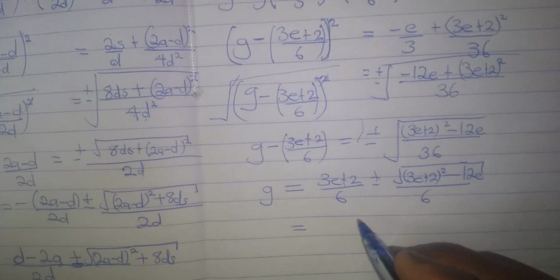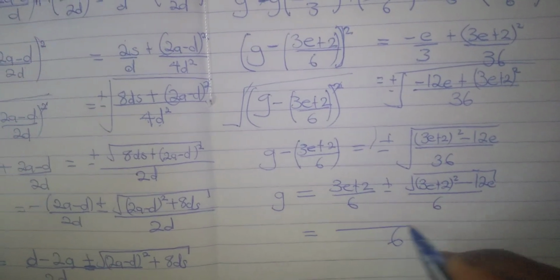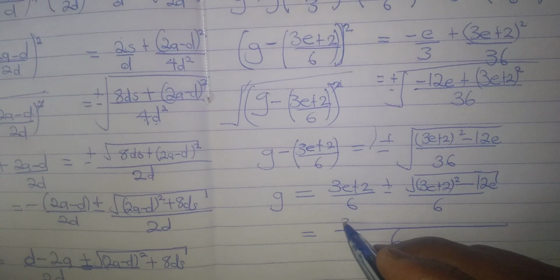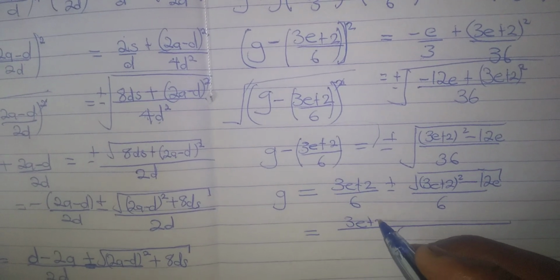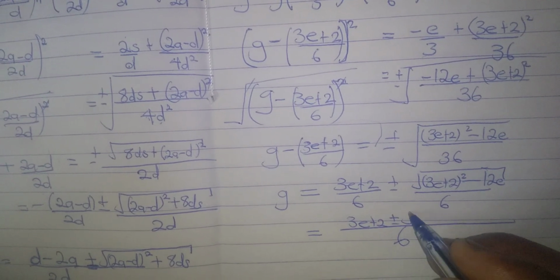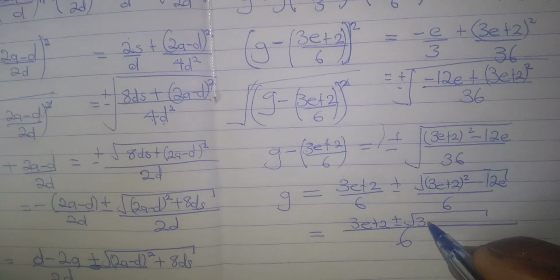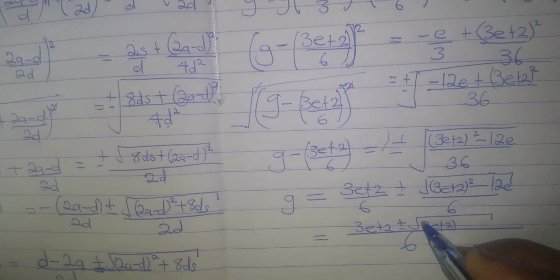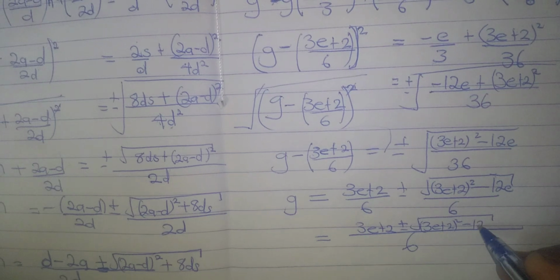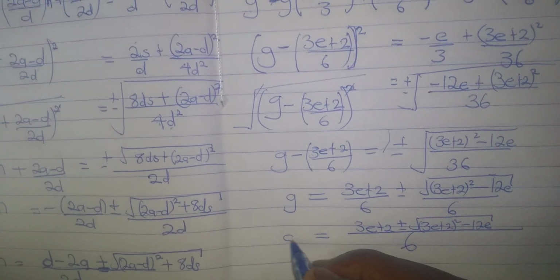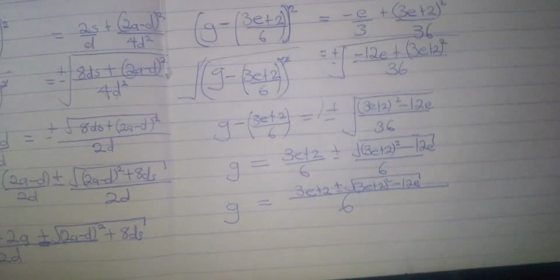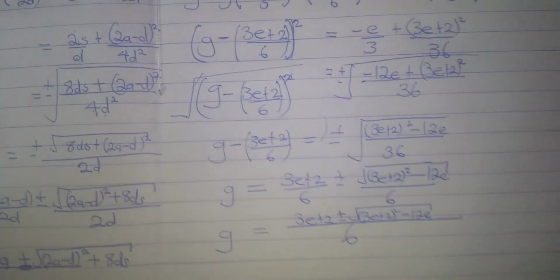Since the denominator is the same, we maintain the denominator. Then what is in the numerator is combined. So 3e plus 2 squared minus 12e. So we have simply made g the subject of the formula.